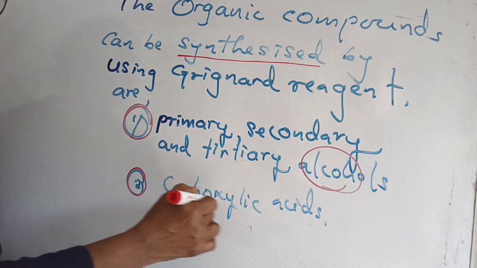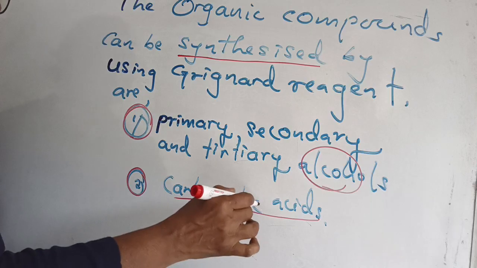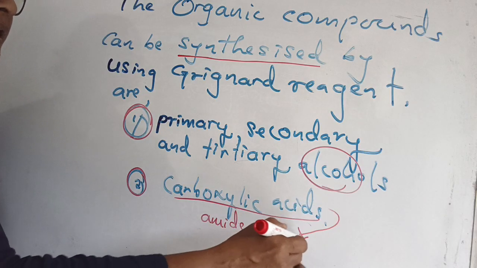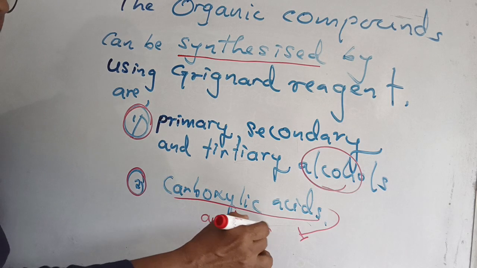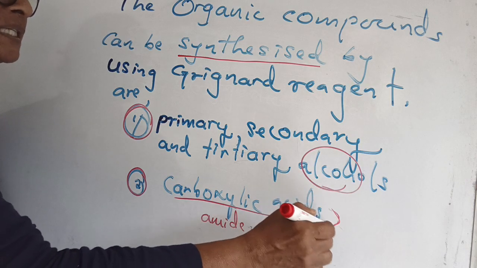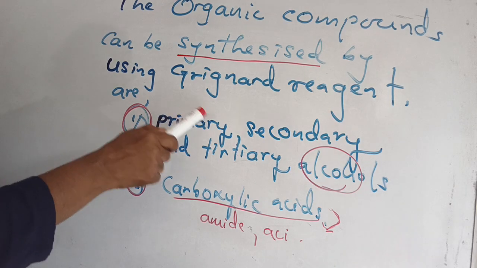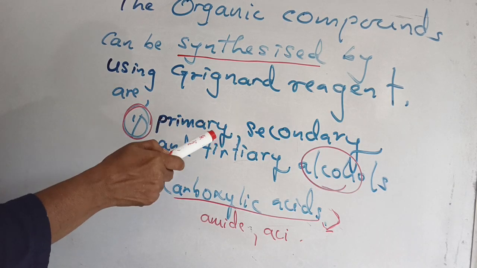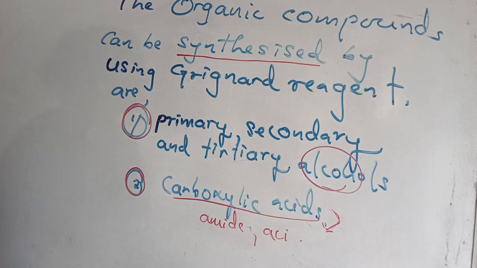Also, if an amide is needed, we can obtain the carboxylic acid and then convert it to the corresponding amide, or any other acid chloride can be prepared. So these are the other ways it can be produced. But primarily, we can obtain alcohols and carboxylic acids by using the Grignard reagent.